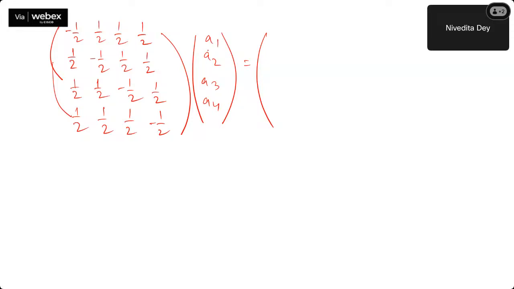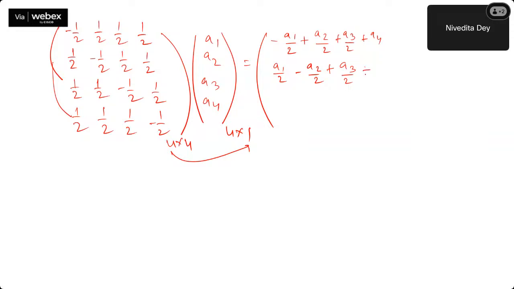So it's minus A1 by 2 plus, so of course a 4 cross 4 and it's a 4 cross 1 matrix, so the result will be a 4 cross 1 matrix. So it will be minus A1 by 2 plus A2 by 2 plus A3 by 2 plus A4 by 2. Likewise, it will be A1 by 2 minus A2 by 2 plus A3 by 2 plus A4 by 2.